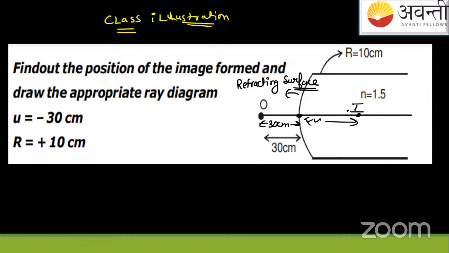They're asking us to find this V. The refractive index of the inside medium is given as 1.5, and the refractive index of this medium is given as 1. The radius of curvature is given as 10 centimeters. So I am solving this. Please be focused, and for you people the hint is also given here, that they have given the sign conventions with the object distance and radius of curvature.